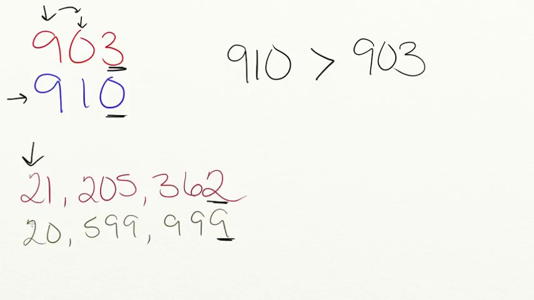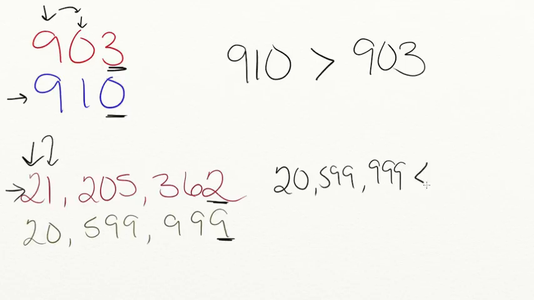Now, since 2 has the same value in both numbers, we're going to move over to the next place value and compare the millions place. And since 1 is greater than 0, that means that our top number is the larger number. So we can write this as 20,599,999 is less than 21,205,362.